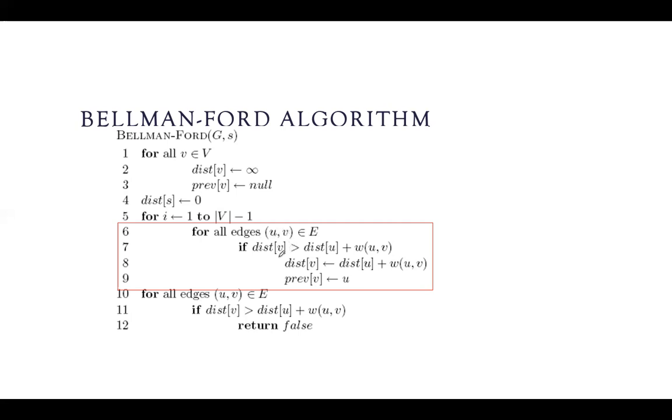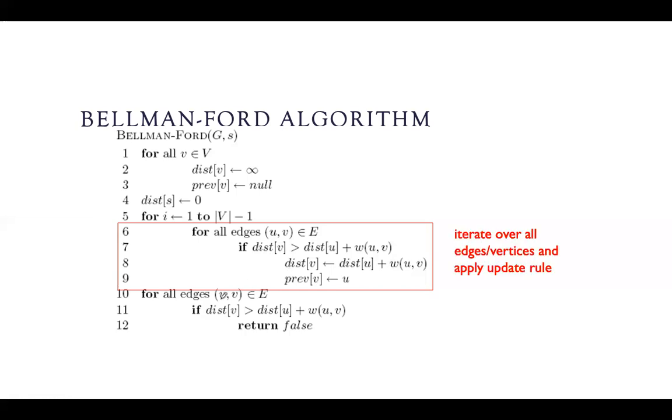Check whether the distance of V is greater than the distance of U plus the weight of UV. If it is greater, then update the distance of V. If it is less, don't do anything. You will understand this with the example. It is a very simple algorithm. We consider one edge at a time and update the distance of each vertex.